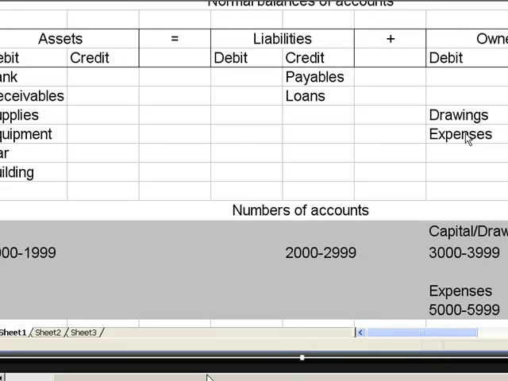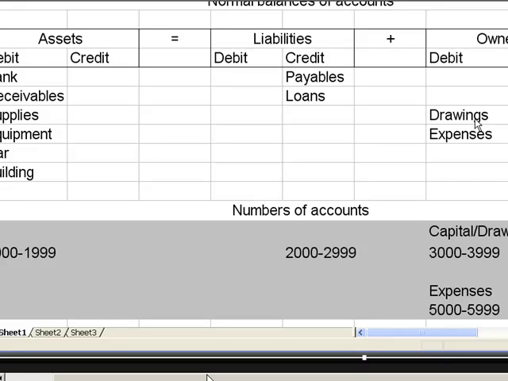So anytime you have an expense, when you're doing your journalizing, you're going to debit expenses. So the first entry will be either car expense or salary expense or wage. So that's going to be your debit from now on. It'll be whatever expense it happens to be. And your credit will probably be either bank or payables.